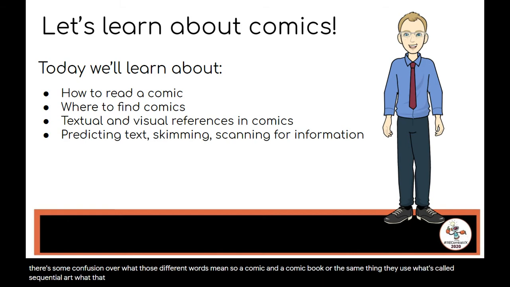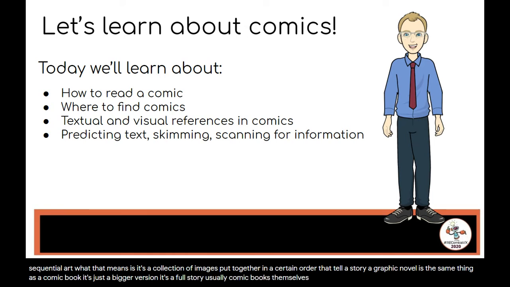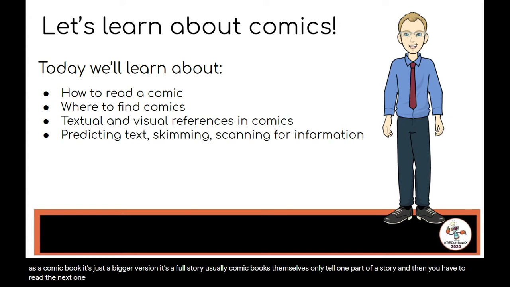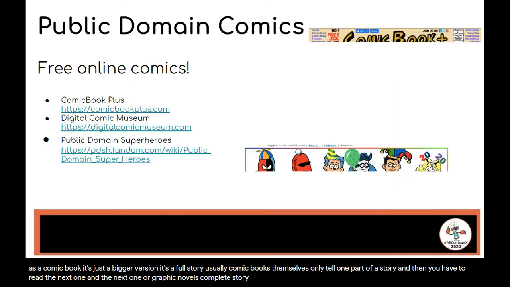What that means is it's a collection of images put together in a certain order that tell a story. A graphic novel is the same thing as a comic book. It's just a bigger version. It's a full story. Usually, comic books themselves only tell one part of a story, and then you have to read the next one and the next one. Where graphic novels almost always tell the complete story.